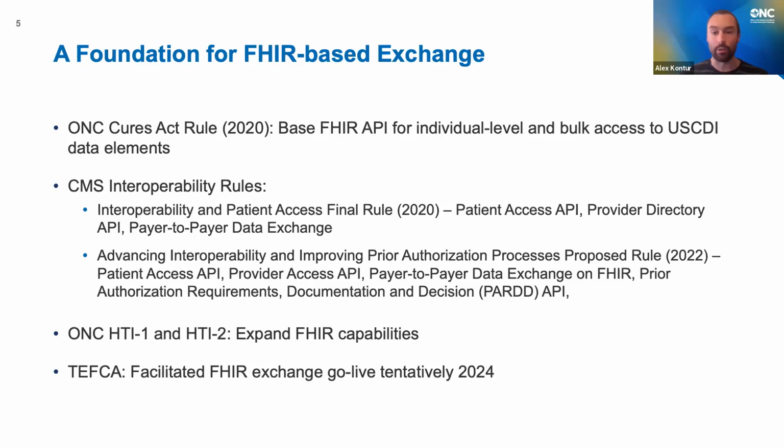support payer-to-payer data exchange. Now, at the time, the CMS rule didn't specifically choose FHIR implementation guides for all of these use cases. The Interoperability and Patient Access Final Rule did build off of the API requirements from ONC's Cures Act final rule.